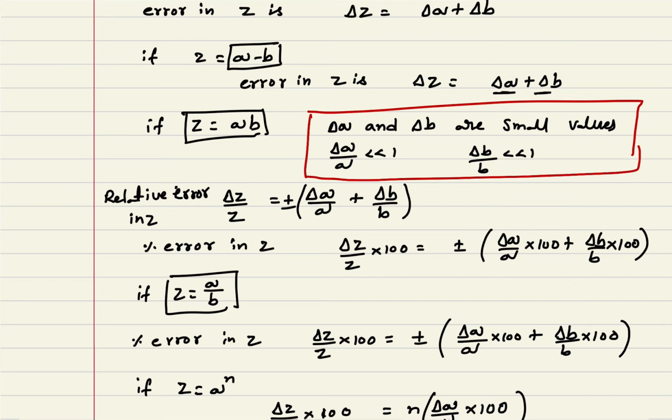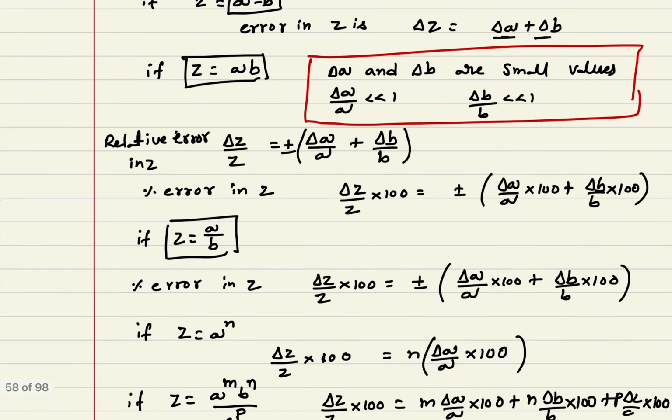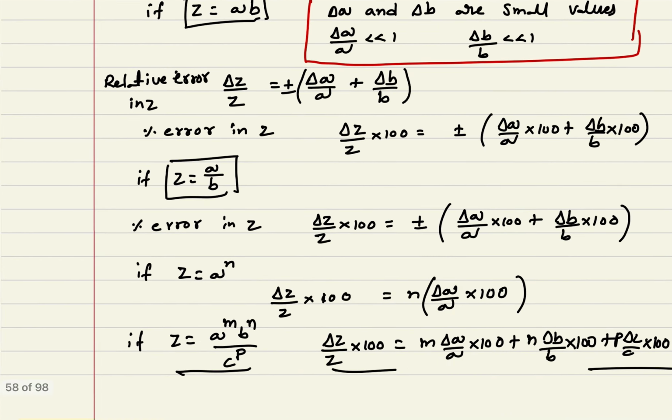In all these cases, I am considering that delta A and delta B are very, very small. Only when errors are very small can we use this. Whenever these errors are very small, we can generally use the differentiation method. You can get these by using the differentiation method also. I will explain these while doing problems, so we can observe clearly.